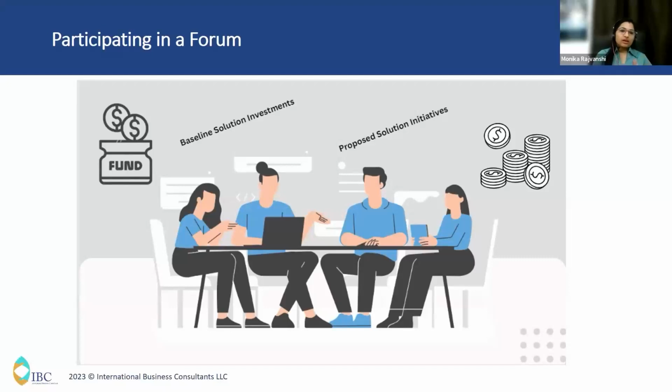They check the condition, the status, the growth, and how much share they should allocate from the budget for this baseline solution, because it is already running. So what is the current status, what are they expecting, what is their roadmap for the next 2 PIs, and on that basis they allocate the budget.